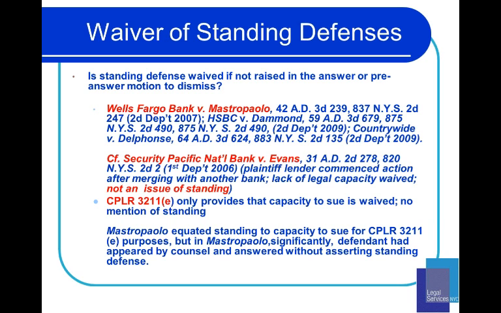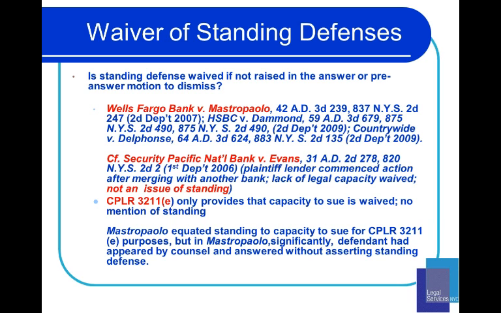MASTROPAOLO is one of those cases where bad facts made bad law. In that case, the defendant actually had appeared by counsel and had answered without asserting the standing defense. So there's a little less sympathy to a defendant who had the advice of counsel and still failed to assert the defense.